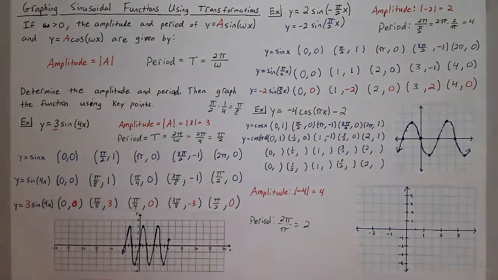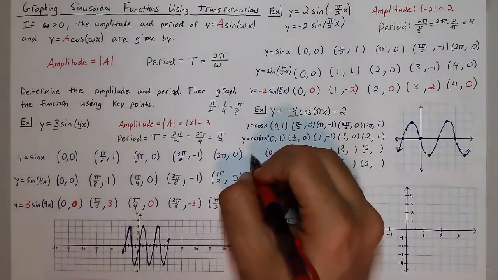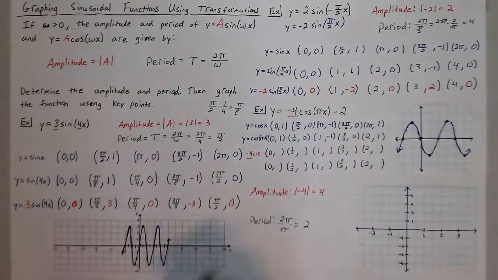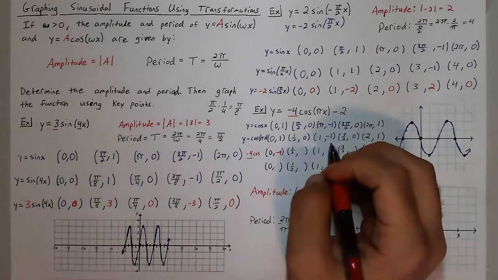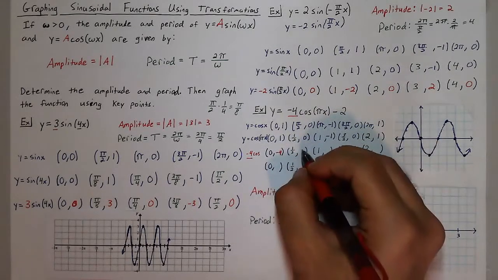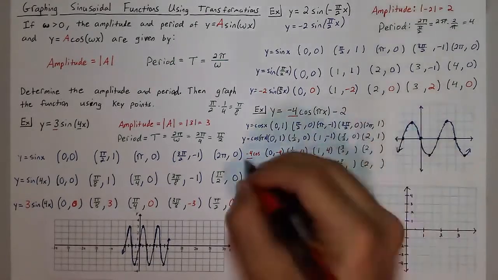Now let's look at this y change. I'm first going to start with the negative 4 out in front. So the negative 4 cosine. So 1 times negative 4 would be negative 4. 0 times negative 4 is 0. Negative 1 times negative 4 is 4. 0 times negative 4 is 0.